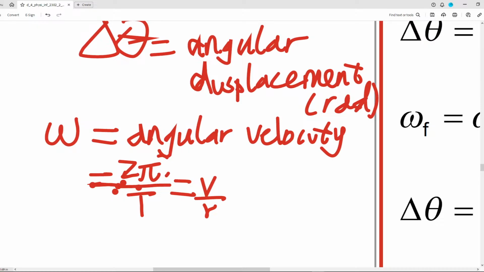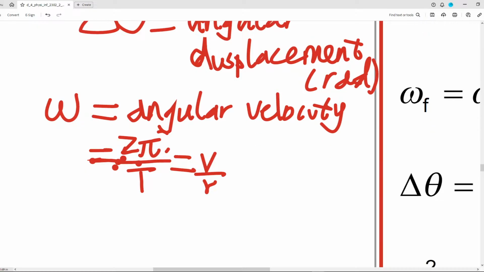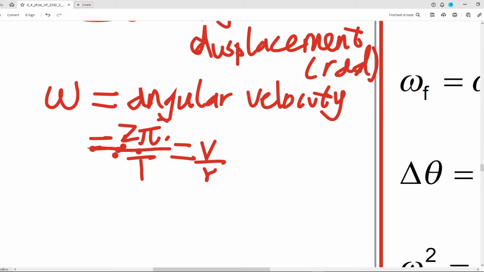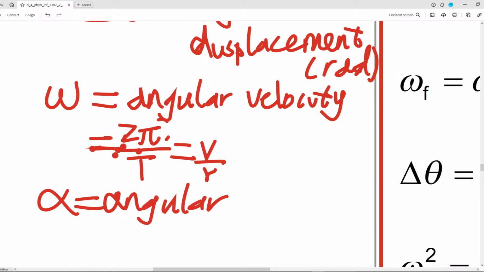This is good to know. It is in a later formula, but I think it's a good idea to show it here where everything else is. Alpha is what we call angular acceleration, and time is time.